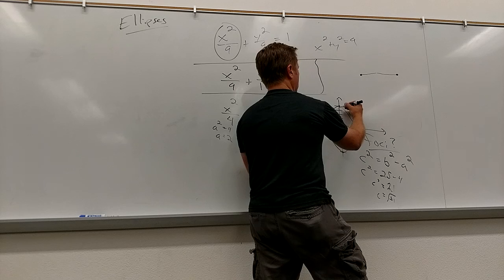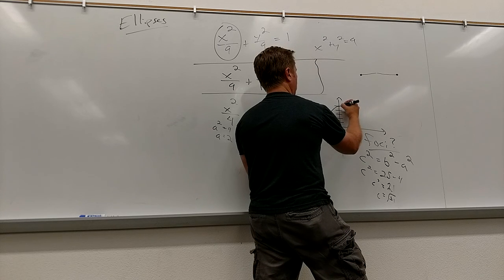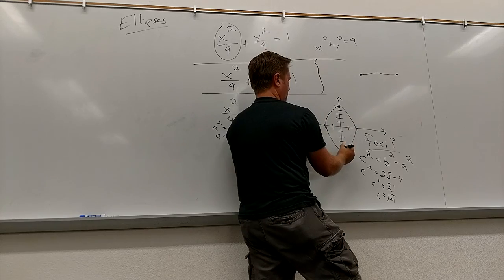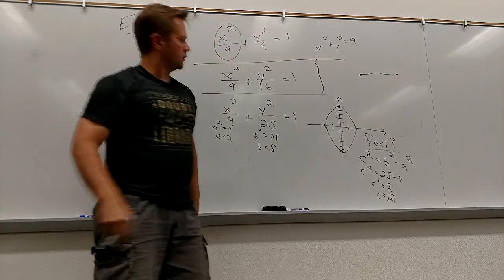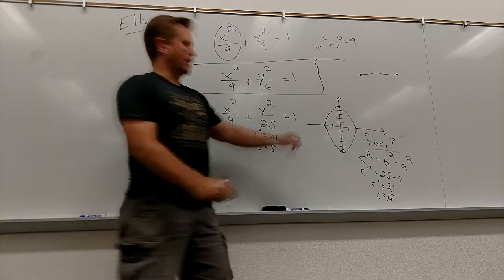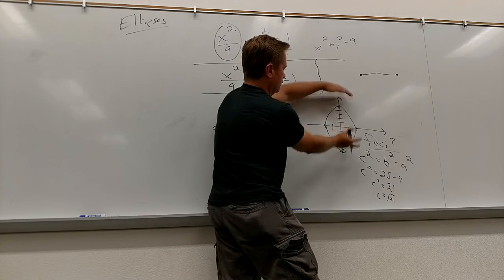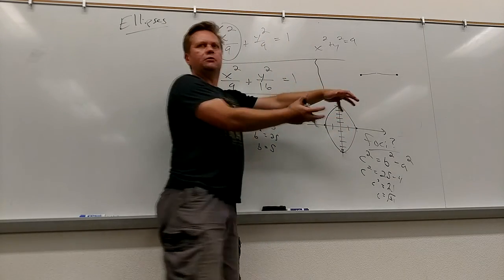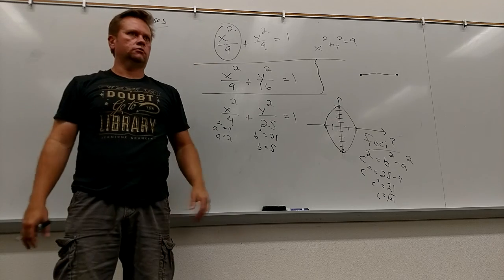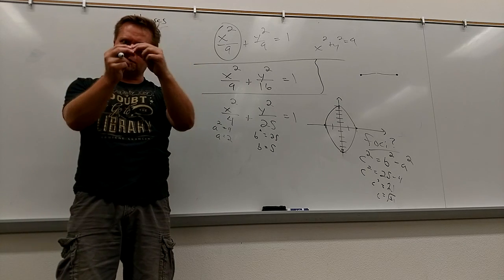So like 4.6. So one focus will be right here. I always put a little x for the focus. 4.58 and negative 4.58. There are the 2 foci. So if I drag them in, this would become less elliptical, become more circular. Until I merge them in the middle, and then that's a circle.